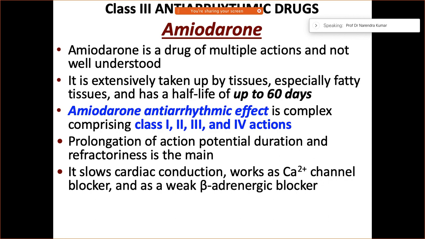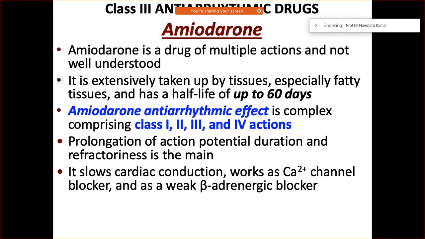A lot of times I see people get confused. So initially you give 150 mg IV over 10 minutes, okay? Then you give 1 mg per minute for the next 6 hours. And for the last 18 hours, you come down further to 0.5 mg per minute.